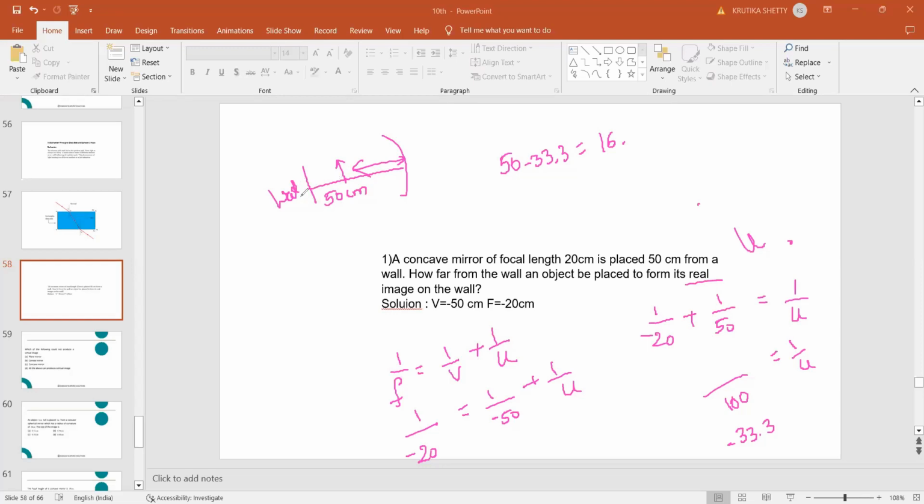The wall distance is given, so whatever answer we get, we need to subtract it from the 50, the wall distance for the mirror. Is it clear? If you want me to repeat, I'll repeat, no problem.